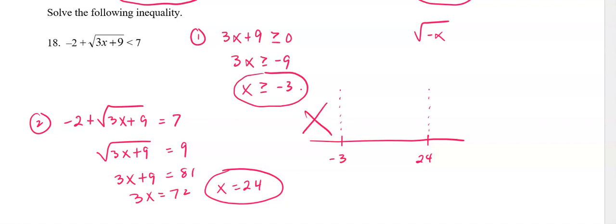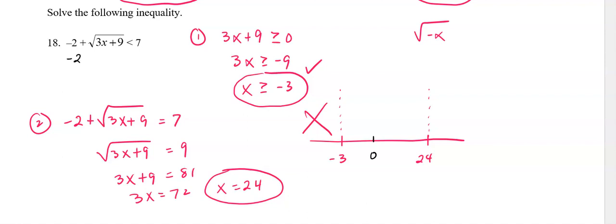You don't have to worry about testing anything over here because we've already established that the numbers have to be greater than or equal to -3. So what we want to know is, does that mean the numbers will be between -3 and 24, or will they be numbers bigger than 24? So just pick numbers within each range. So an easy number to pick for between would be 0. That's a number in between.